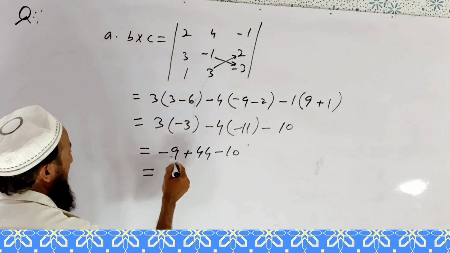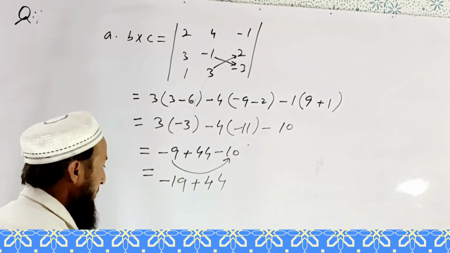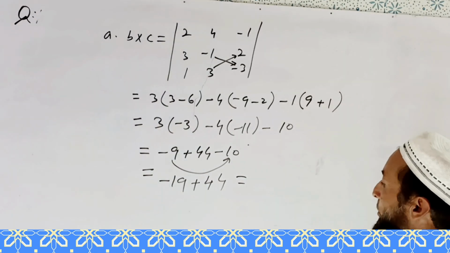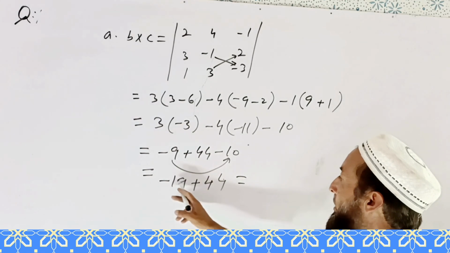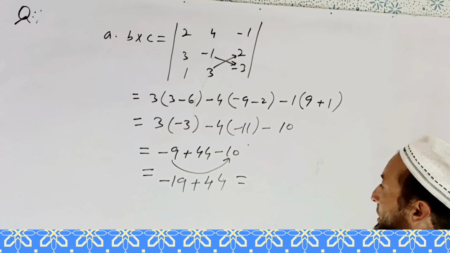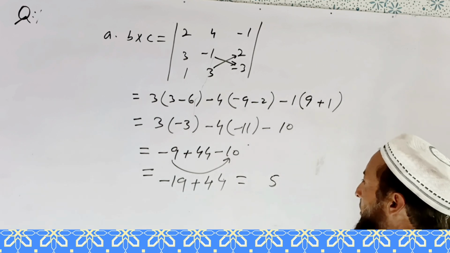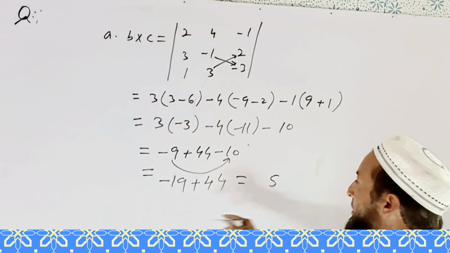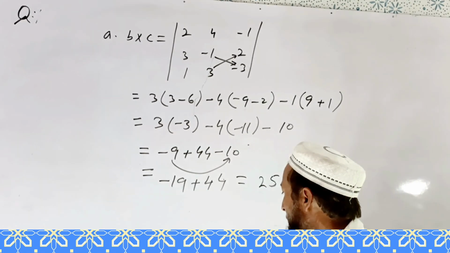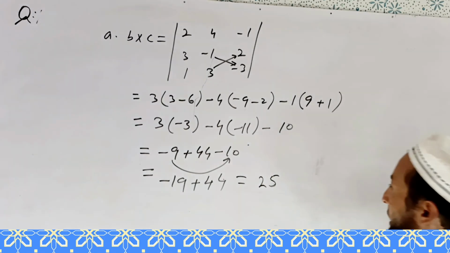If we subtract these results, we get 25. The answer 25 is the correct option, so C is the correct option.